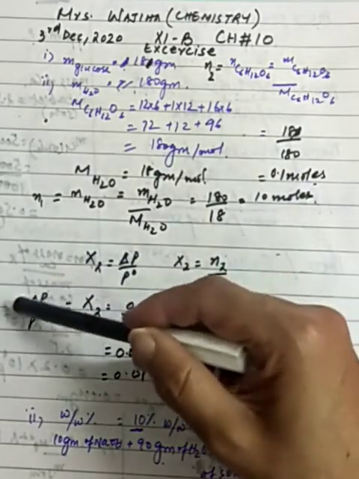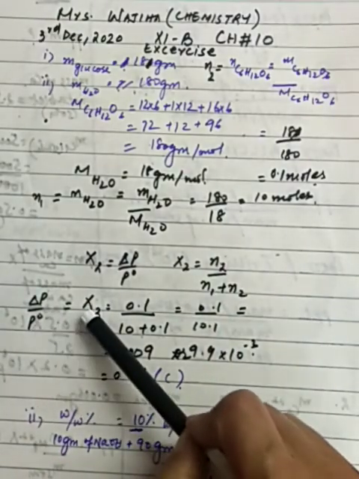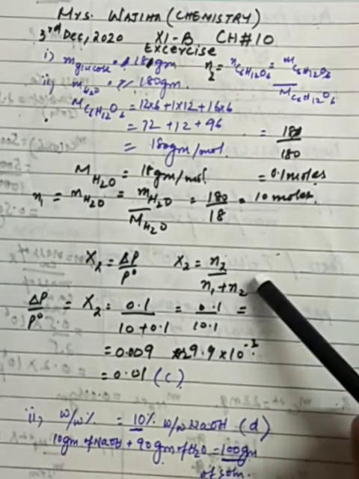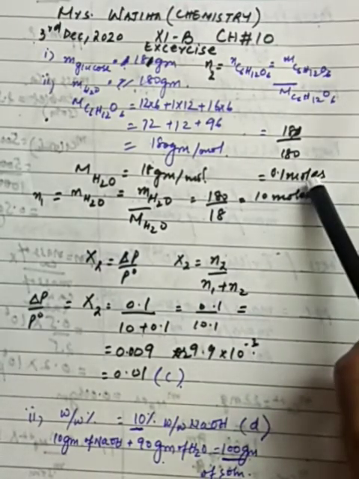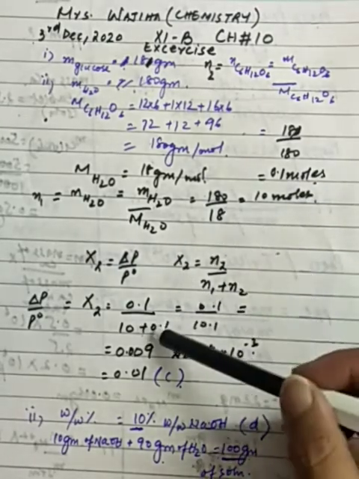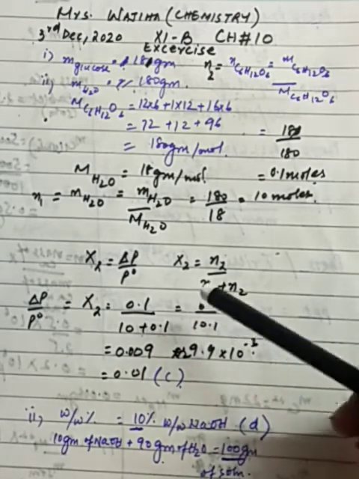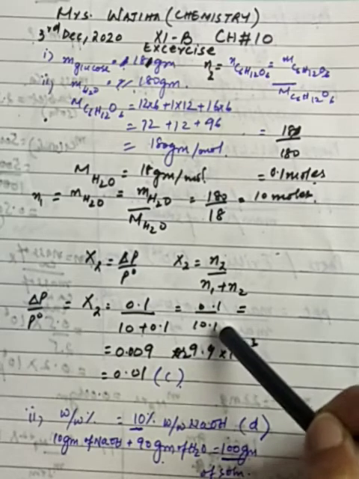Now the relative lowering is equal to delta P over P naught. X2 हमारे पास किसके बराबर है? हमारे पास n2 ओवर n1 प्लस n2 के बराबर है. n2 here is equal to 0.1 mole and n1 here is equal to 10, plus we take the summation of the number of moles of solute and the solvent, that is equal to 10.1.